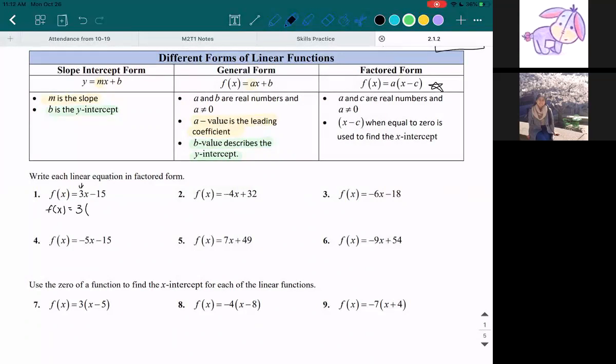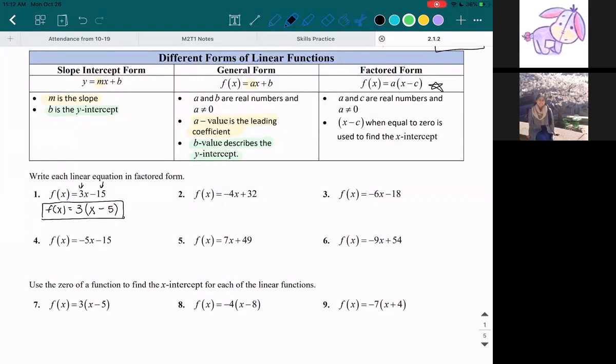So divide 3 out of 3x, you'll be left with x. Now you're going to take this negative 15 and divide it by 3. What is negative 15 divided by 3? You will get negative 5. So then our final answer is f of x is equal to 3 parentheses x minus 5.